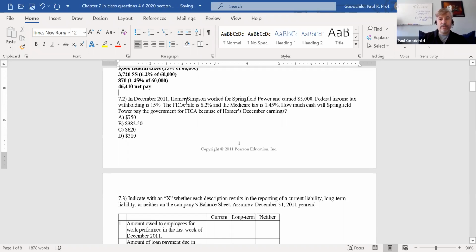(7.2). Everybody's favorite cartoon character, Homer Simpson, worked for the Springfield Power and earned $5,000. Federal income tax withholding is 15%, FICA 6.2, Medicare 1.45. How much cash will Springfield Power pay the government for FICA because of Homer's December earnings?